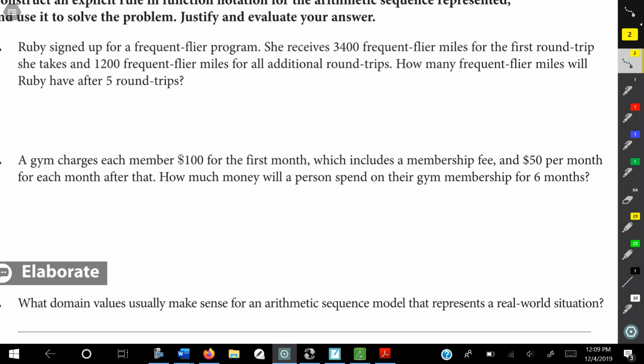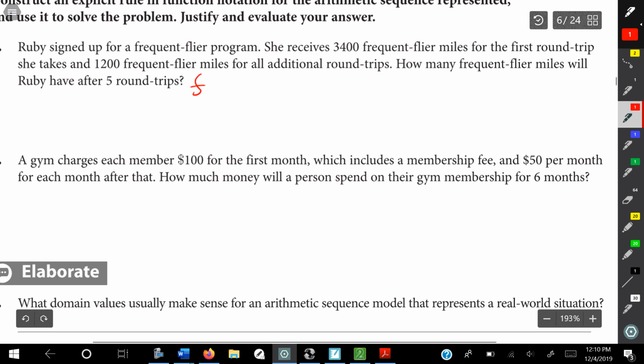So what you want to do is read the problem, figure out where does she begin, where does she start, what's the first term. So every single time when she starts off, she's going to start off with 3,400. So 3,400 is going to be our first term. So f of 1 is equal to 3,400. That's what she begins with.